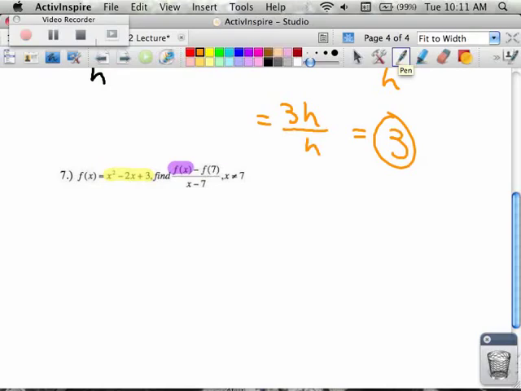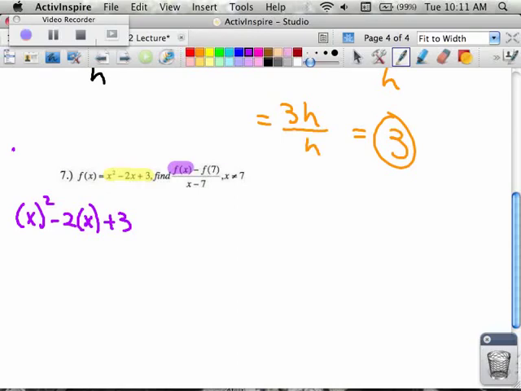Everywhere I see a variable in that yellow highlight, shove in an x. So it looks like this. You might be saying to yourself, well, that's ridiculous. That's just the function. And the answer is, yeah. Because it says f of x is that yellow highlight, and they wanted us in purple to write down the function. Okay, cool.